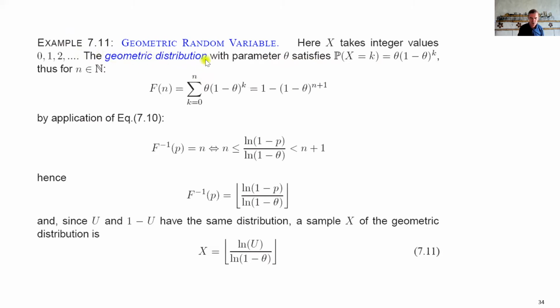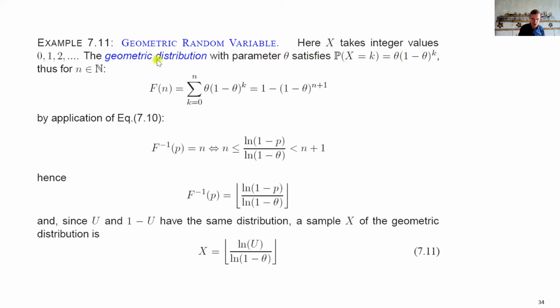So the geometric distribution is the number of successes or the number of failures in a sequence of binary outputs. So I try at random successively, and I draw a number which is 0 or 1. With probability theta, I obtain a 1 here.